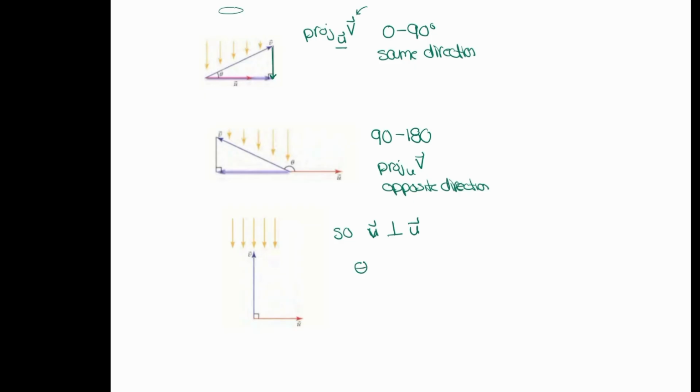So if theta equals 90 degrees, then the projection of v onto u is equal to 0. And this is actually why the dot product of v dot u would be 0 for perpendicular lines. We've seen a couple of examples of that now where that dot product is 0.